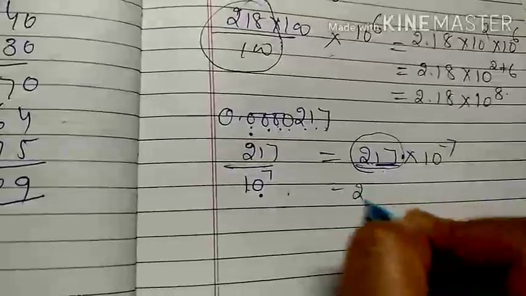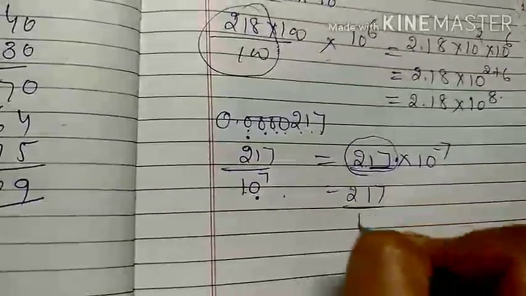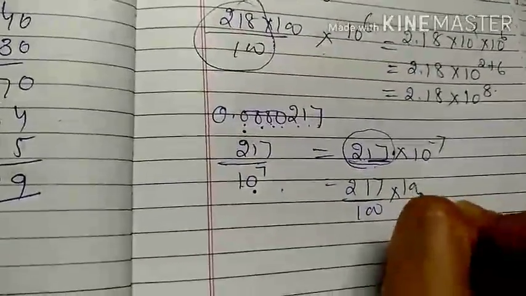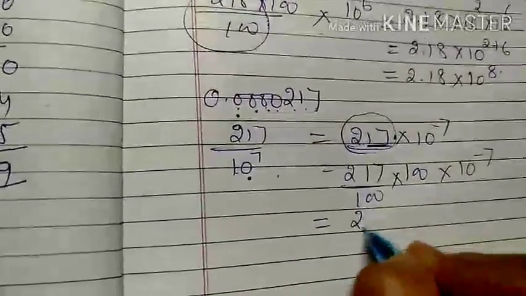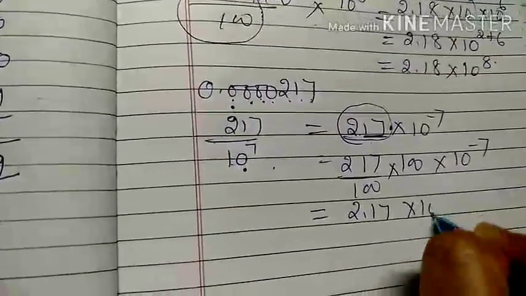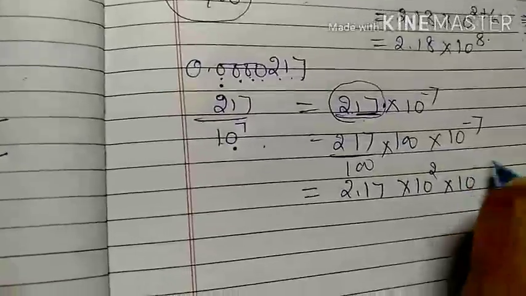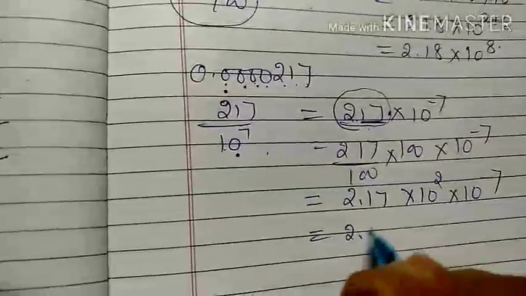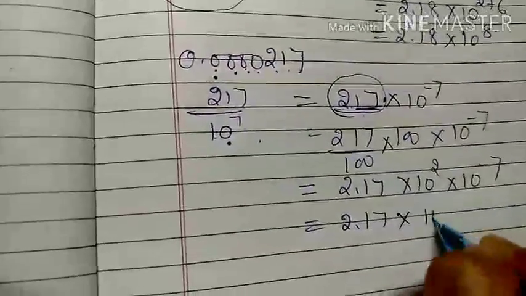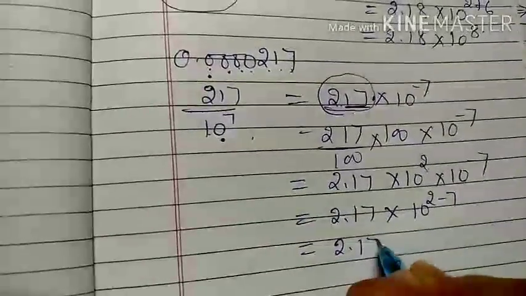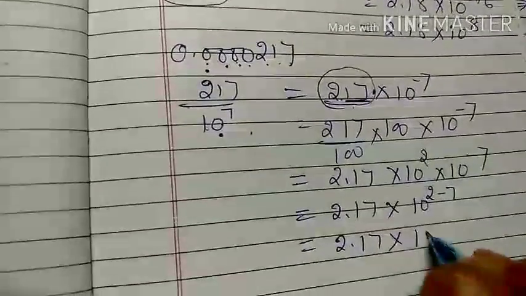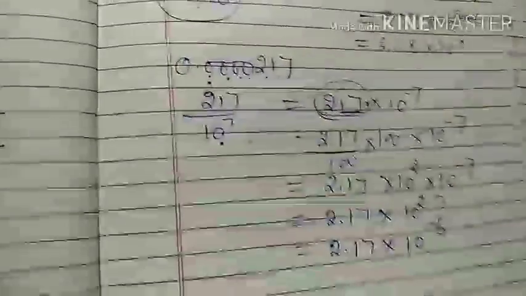So I multiply again with 100 and divide by 10 raised to power minus 7: 2.17, 10 raised to power 2 into 10 raised to power minus 7. Then 2.17 into 10 raised to power 2 minus 7, which gives me minus 5. So that is my required answer.